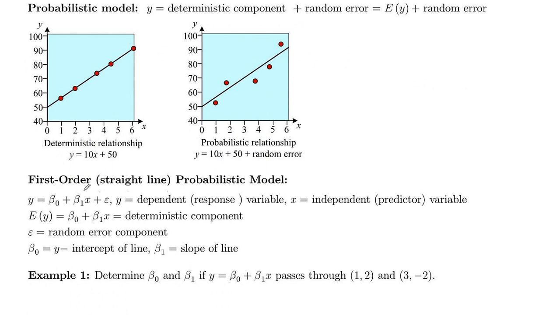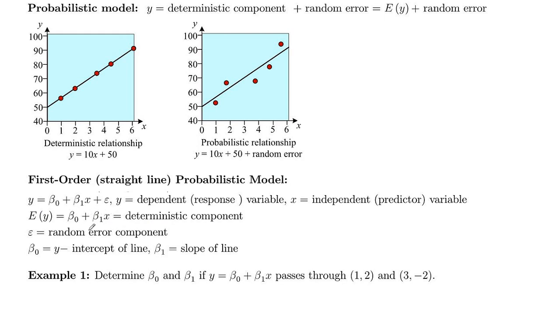So we're going to consider first order or straight line probabilistic models. They're going to look like the following. Y is beta 0 plus beta 1 times x plus epsilon, where y is your dependent or response variable, x is your independent or predictor variable. And so the expected value of y, which is our deterministic component, is beta 0 plus beta 1x.